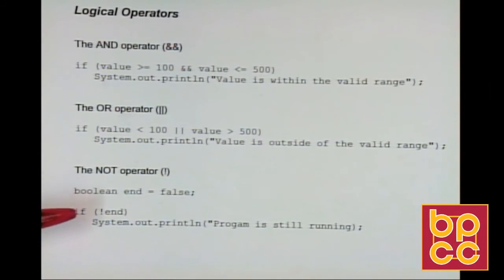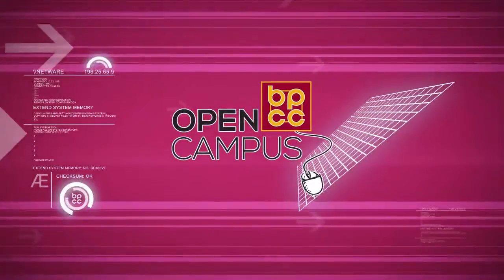And the NOT operation could also be called the negate operation because you're actually doing the negative of true, which means that if this is false instead of true, then this operation will occur.